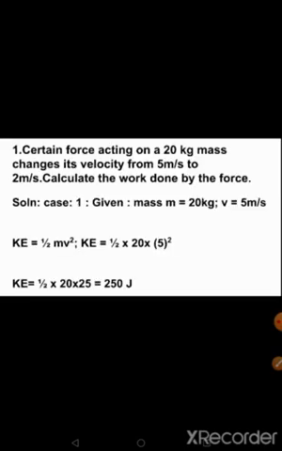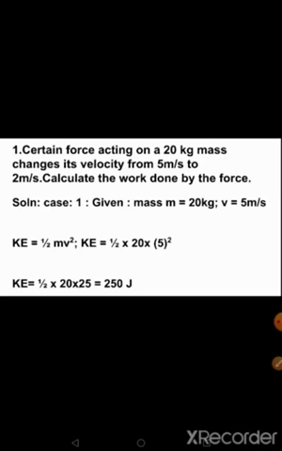See, look at the question here. A certain force acting on a 20 kg mass changes its velocity from 5 meter per second to 2 meter per second. Calculate the work done by the force. So you have to calculate the work done by the force when the force is acting on an object whose mass is 20 kg and its velocity changes from 5 meter per second to 2 meter per second.